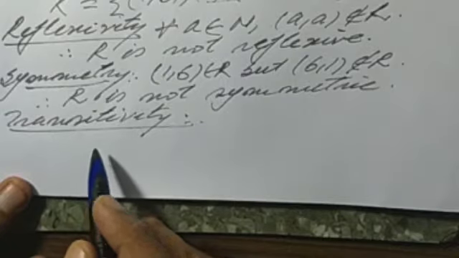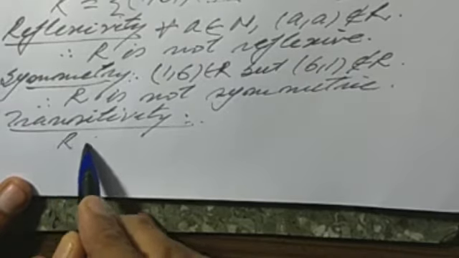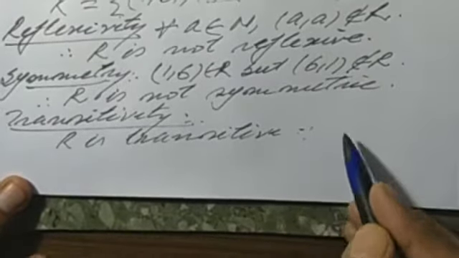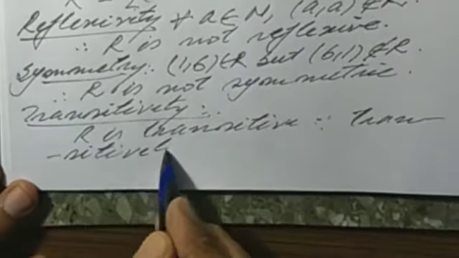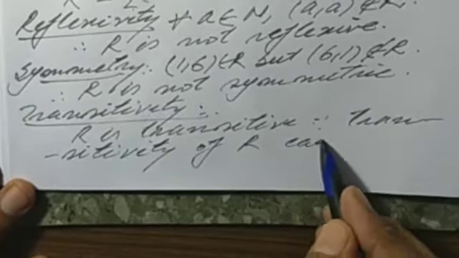As I said, if transitivity of a relation may not be checked, it is considered to be a transitive relation, because the transitivity criterion is not violated, as it cannot be checked here. So R is transitive, since transitivity of R cannot be checked.